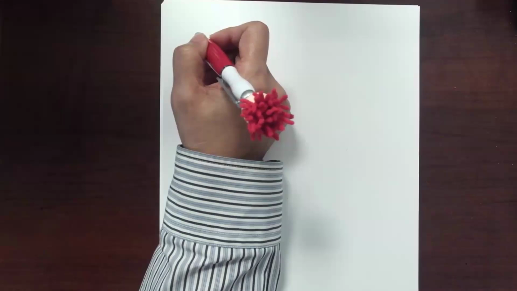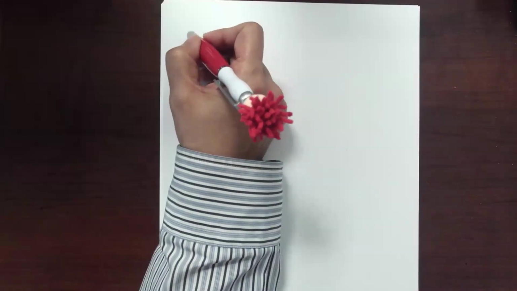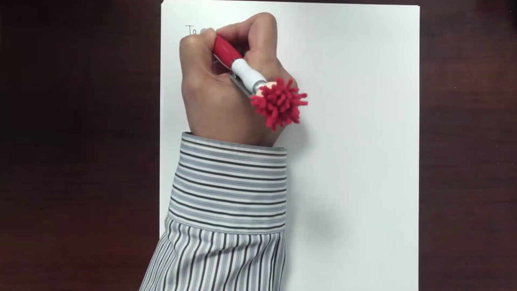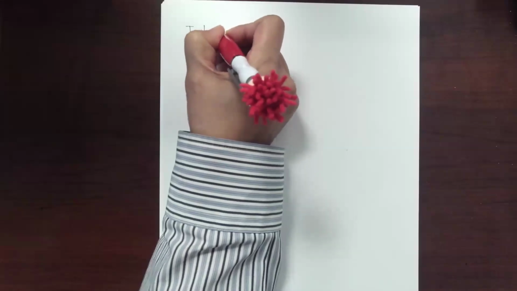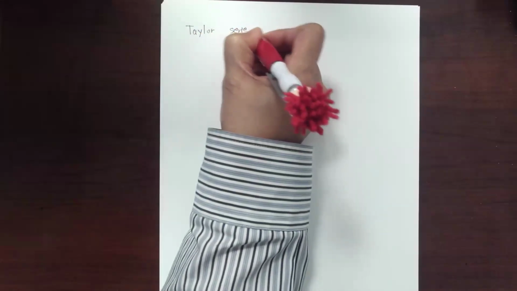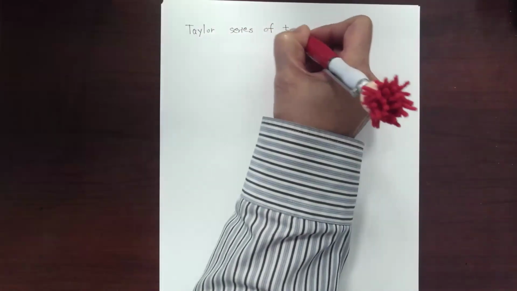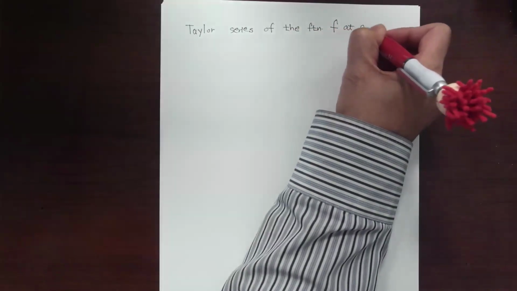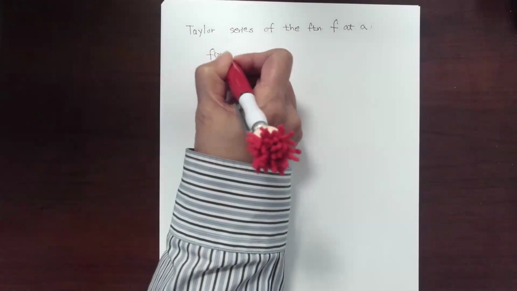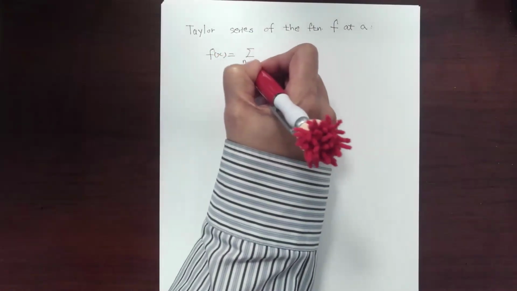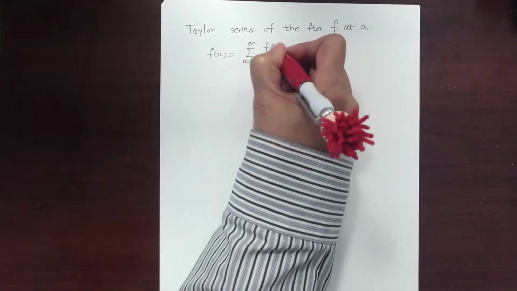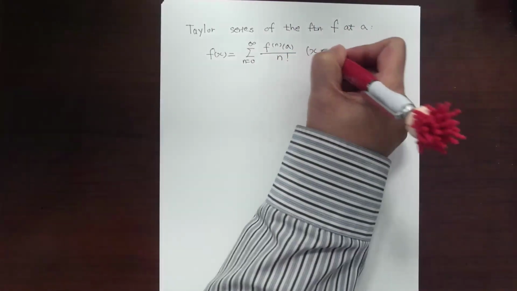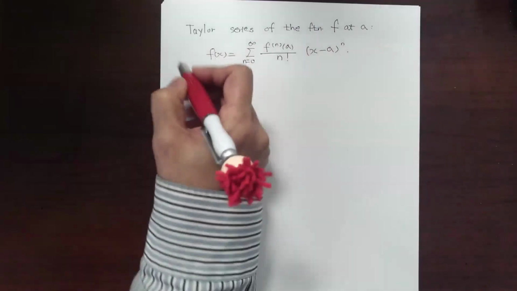Before I talk about Taylor's theorem with remainder, let me start with the nth Taylor polynomial. The Taylor series of the function f at a is f of x equals summation n equals 0 to infinity, nth derivative at a over n factorial times x minus a to the n power.